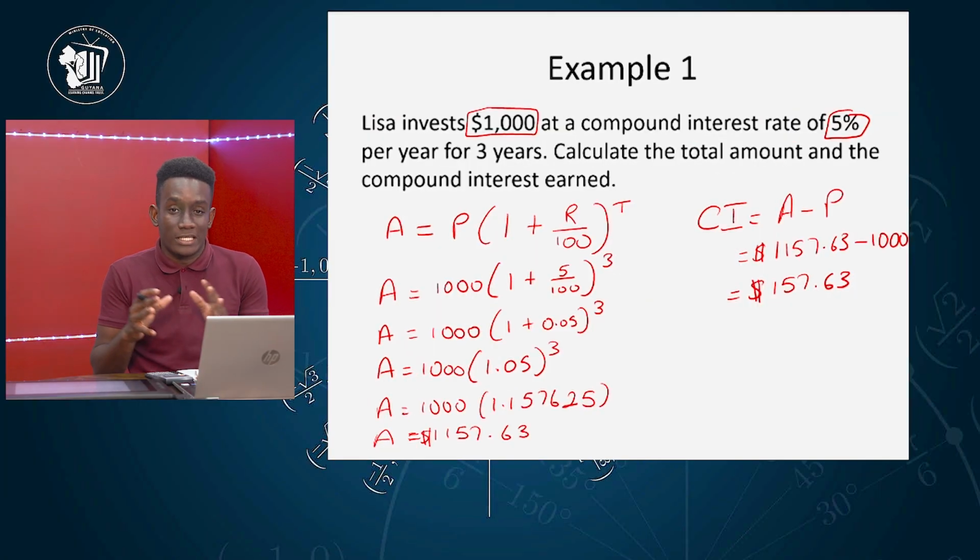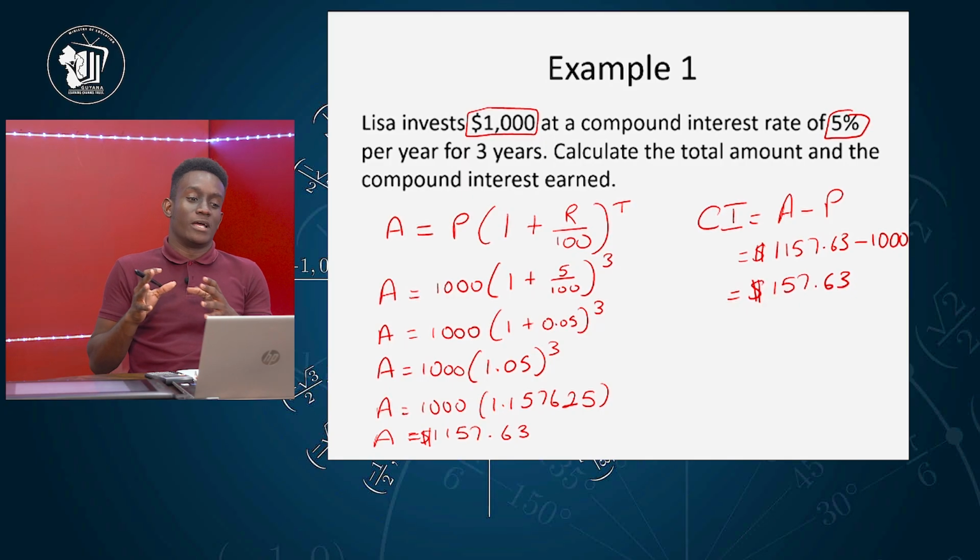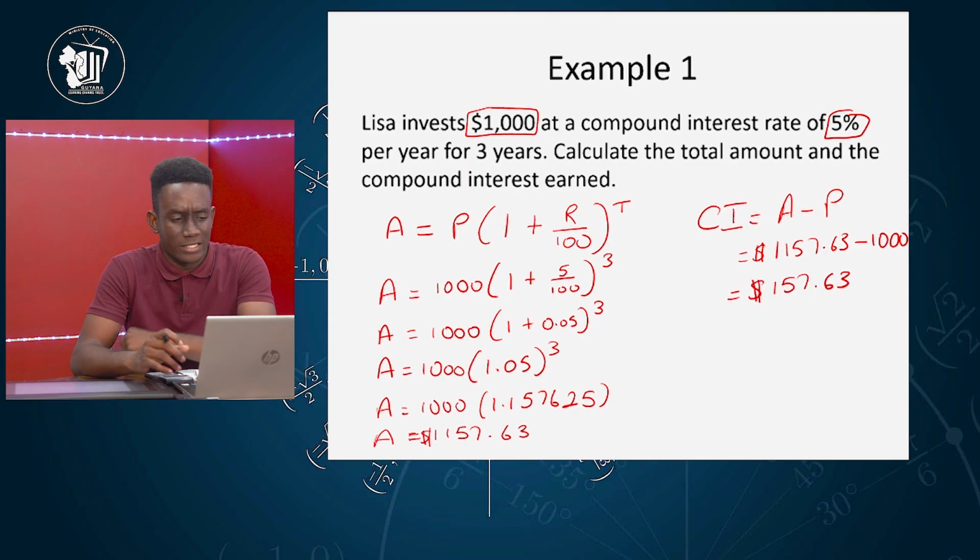And that is how you calculate the compound interest. That is the extra money that you earned after investing $1,000 at 5% per annum for 3 years. And that is how you work out compound interest and calculate the amount.